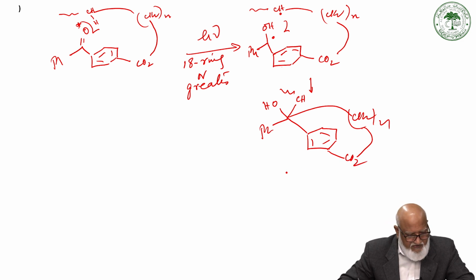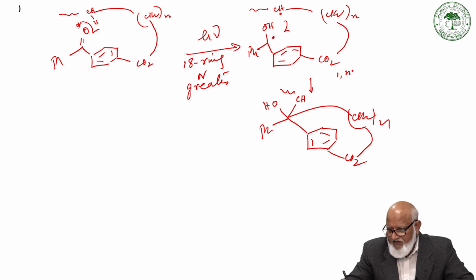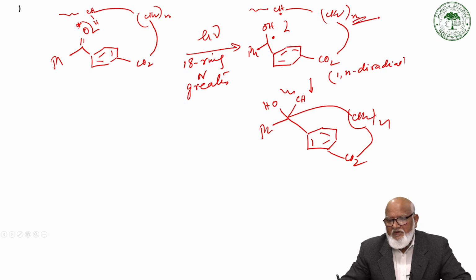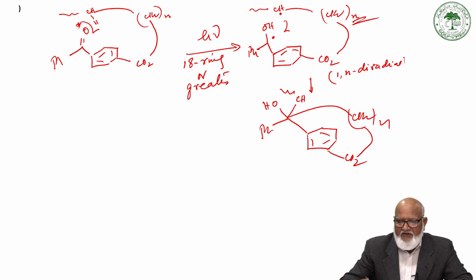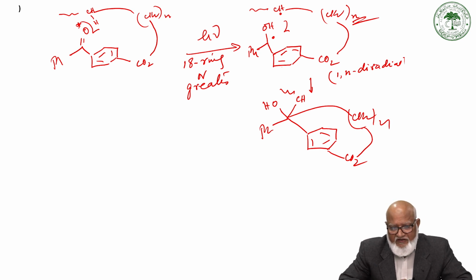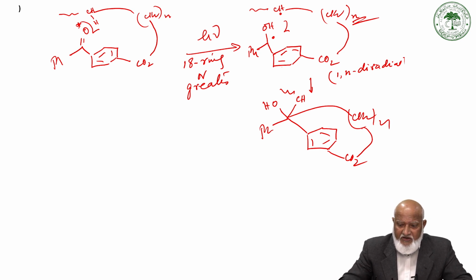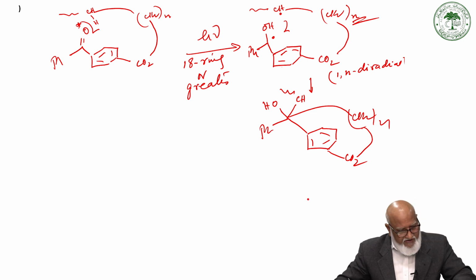So you can see here we have a 1,n diradical, depending upon how long the methylene group chain is. So it has been found that the excited carbonyl can abstract a hydrogen atom even from the 18 ring via the 18 ring formation or greater to give this type of synthetically important products.